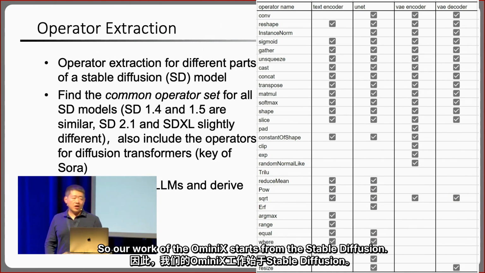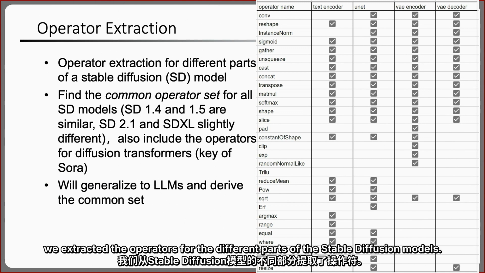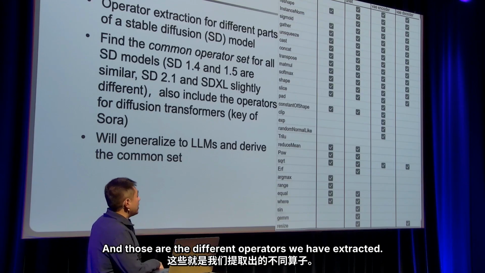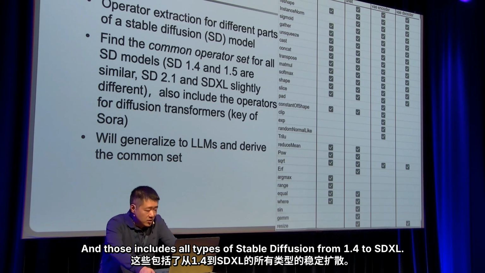So our work on OminiX starts from Stable Diffusion. We extracted the operators for the different parts of the Stable Diffusion models. We can see those are the different parts, and those are the different operators we have extracted, and they include all types of Stable Diffusion from 1.4 to SDXL.